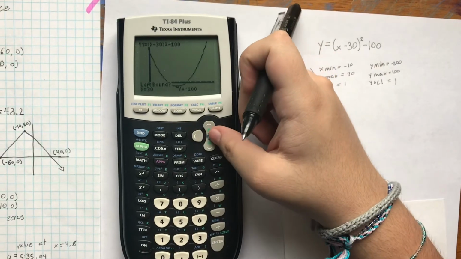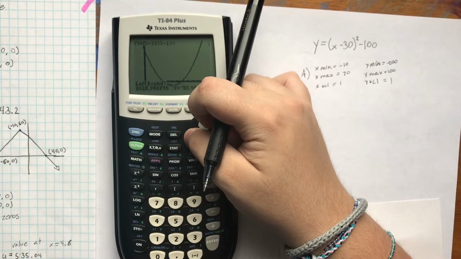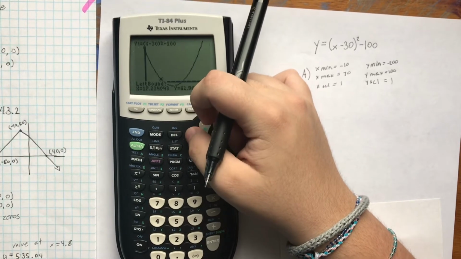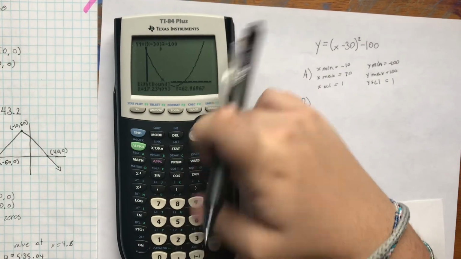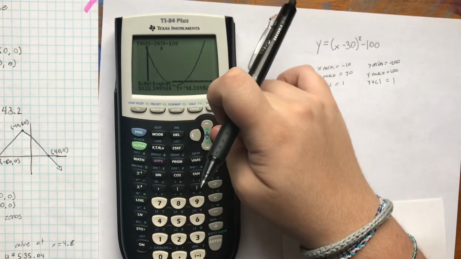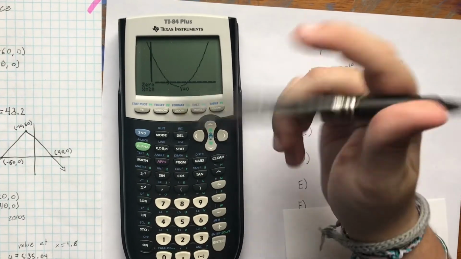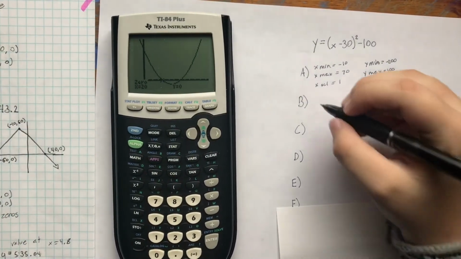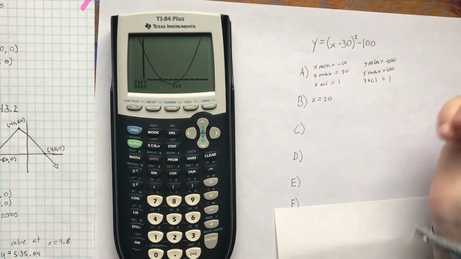And for this, it's going to ask you to go left bound, so left of that crossing on the x-axis. There we go. Right. There we go. Guess, doesn't matter. Just press enter. And then you have your first zero, which is at x equals 20.